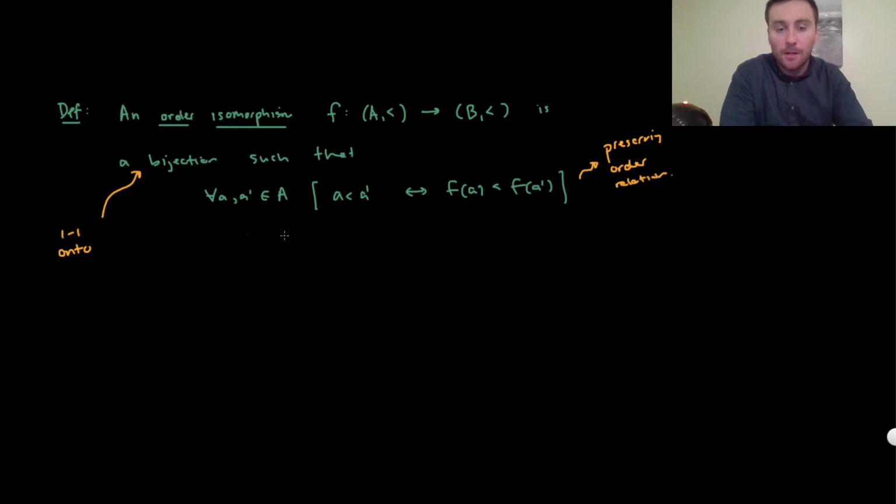And this is a pretty powerful statement, because one way to think about what an order isomorphism implies is that these two orderings, A and B, are the same ordering, with different labels. We've just labeled the terms differently.